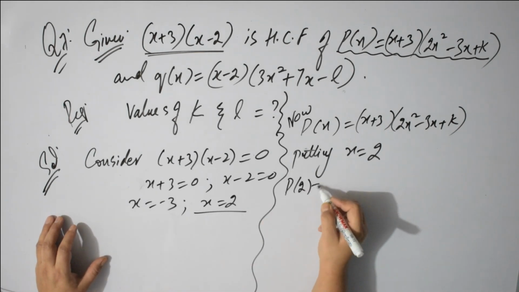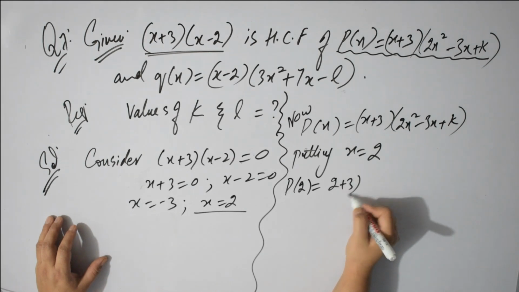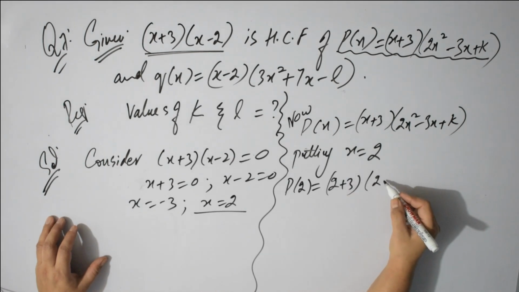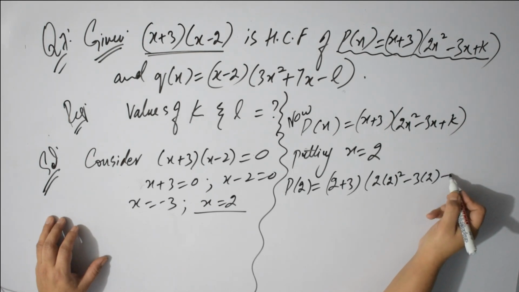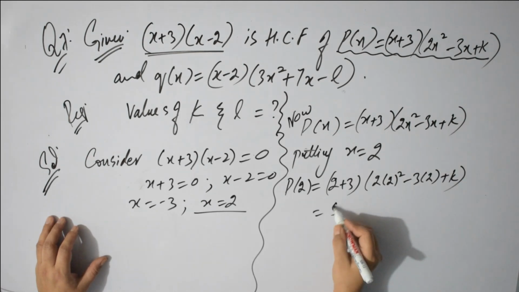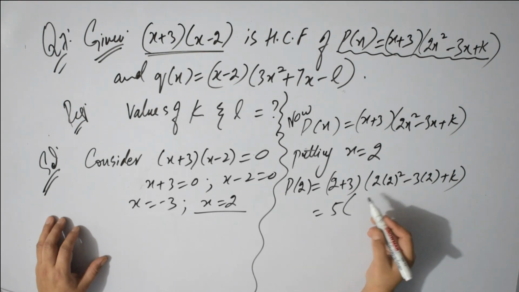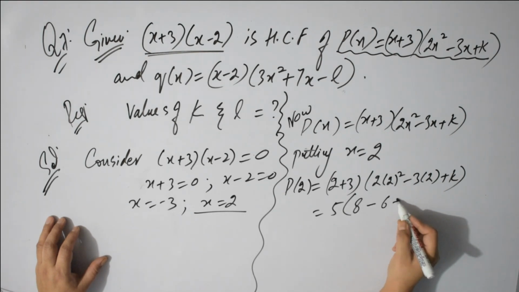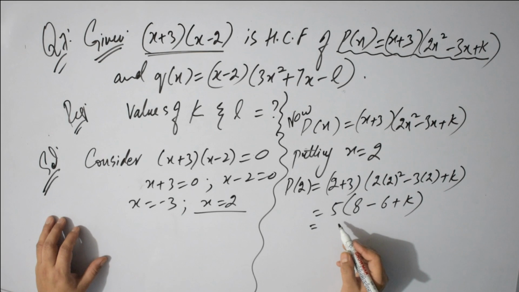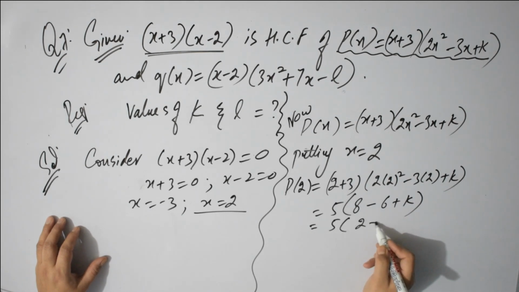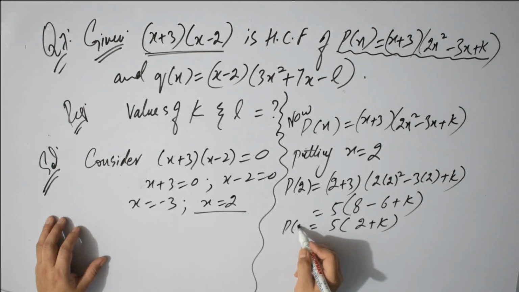P of 2 is 2 plus 3 into 2 into 2 whole square minus 3 into 2 plus k. 2 2s are 4, 4 2s are 8, minus 6 plus k, so 2 plus k.